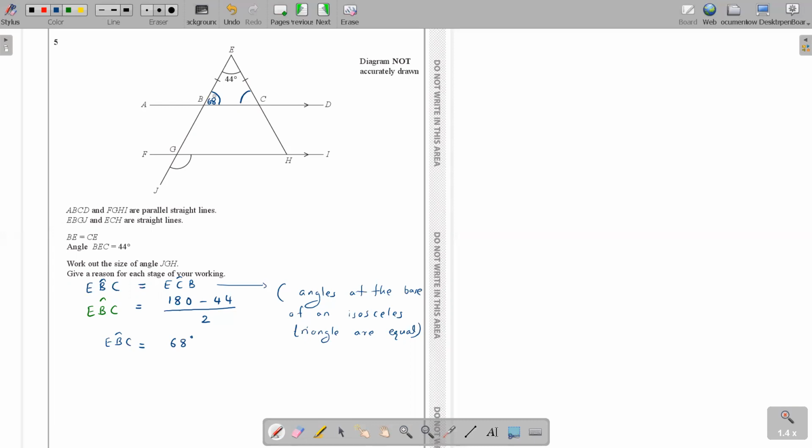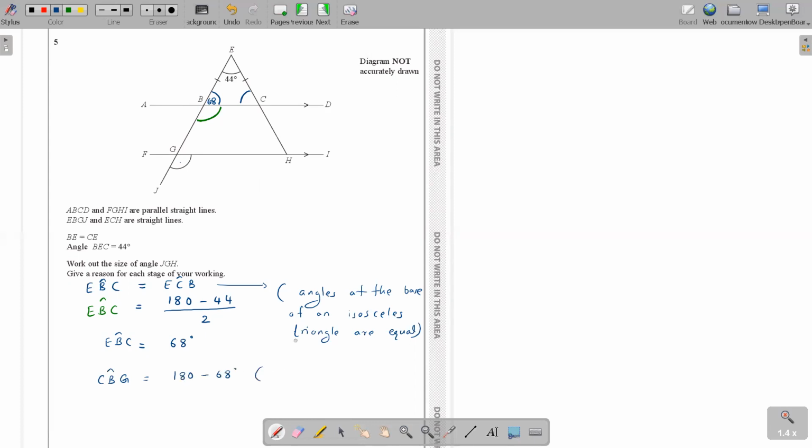The next thing I can do, since my target is the angle at G, is to get this other angle, the one I'm marking in green. That's angle CBG. How do I get this angle? You can see it's angles on a straight line. 68 and this angle CBG are angles on a straight line. So 180 minus 68.